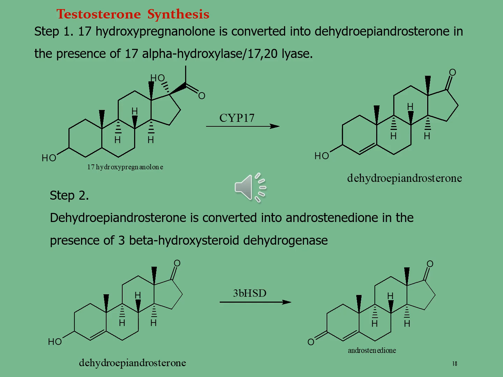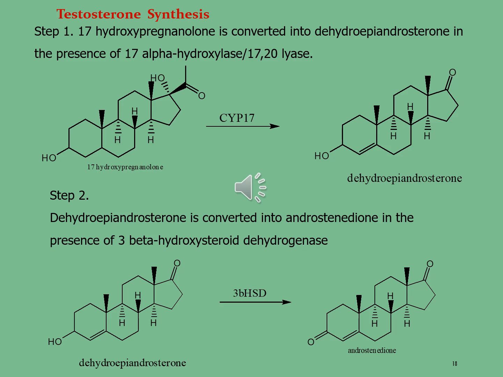In the second step, dehydroepiandrosterone is converted into androstenedione in the presence of 3-beta hydroxysteroid dehydrogenase enzyme. So the androstenedione consists of the carbonyl group at carbon 3 position and a double bond at carbon 4 position.